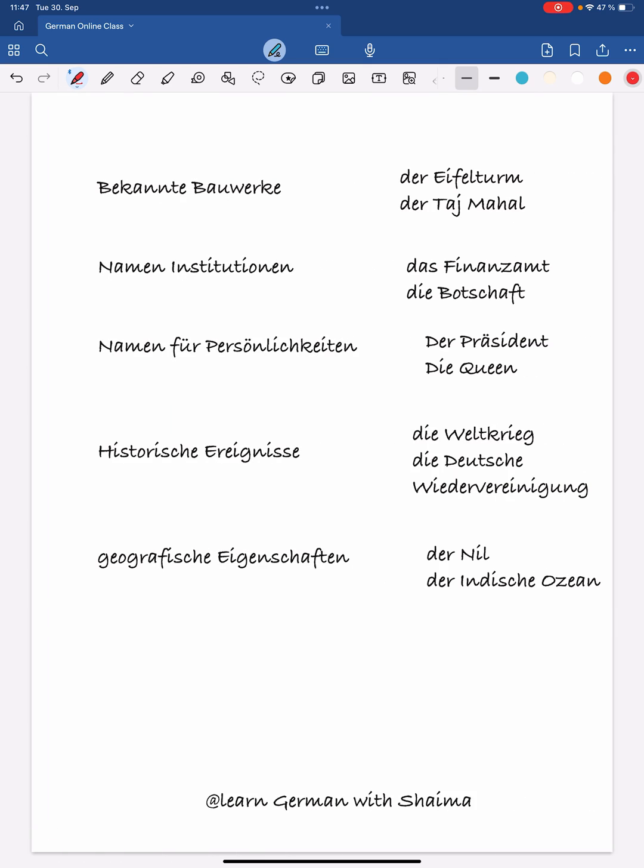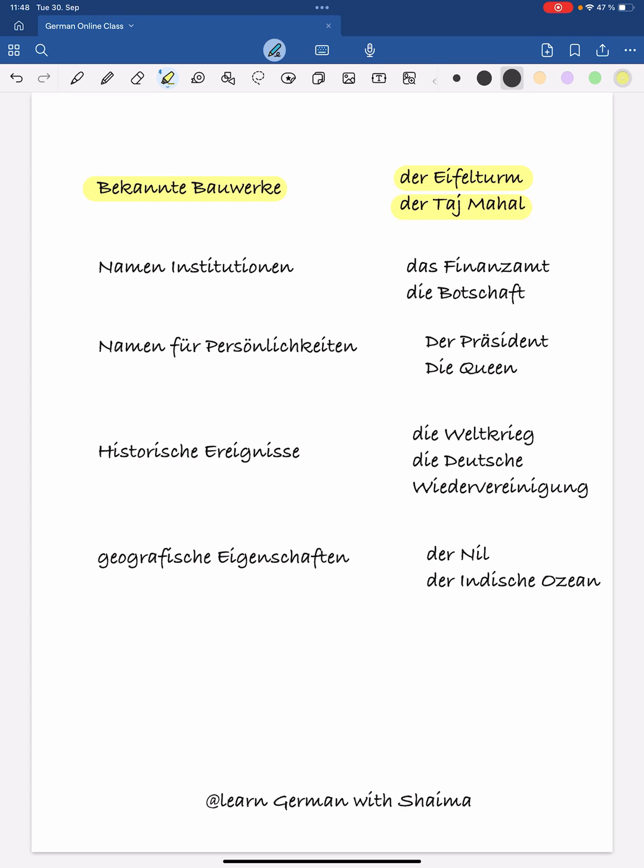There are also a couple of other cases when you always use bestimmter Artikel. That would be when you're talking about famous buildings such as the Eiffelturm. You will say der Eiffelturm, you will not say ein Eiffelturm, or der Taj Mahal.